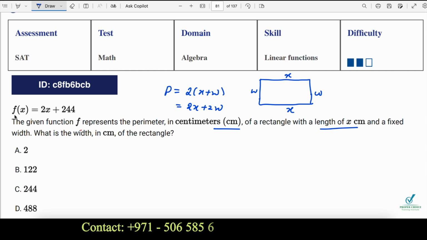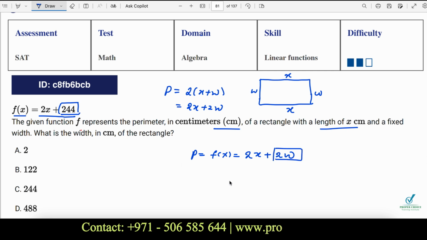As they are saying that this function is representing the perimeter of a rectangle, in that case P of x, or I can say P is the same as f of x, equals 2x plus 2w. They are already saying that it has a fixed width, and the 2w value here is supposed to be 244.